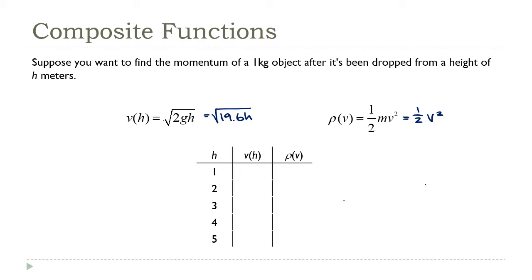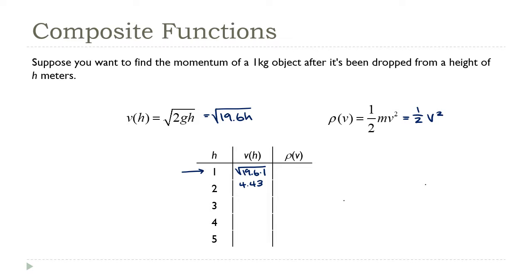So what I'm going to do here is I've got this little table, and I'm just going to work out some numeric examples just so you can see what this process looks like. First, let's say we're dropping this object from a height of 1 meter, and I want to know what its momentum is. My velocity formula says that the velocity is the square root of 19.6 times 1, which my calculator says is 4.43.